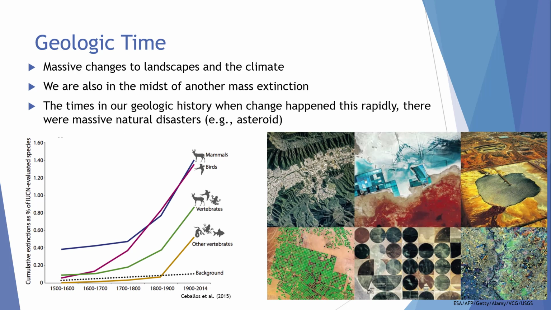So there's been massive changes over geologic time. There's been massive changes to landscapes and the climate. But we're also in the midst of another mass extinction. The times in our geologic history when change happened this rapidly, there were actually huge, massive natural disasters, such as the asteroid that wiped out the dinosaurs. Today, we are the driving force for this mass extinction.